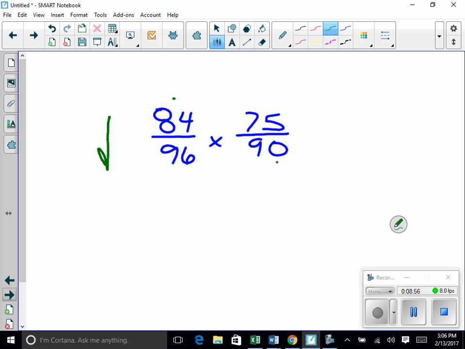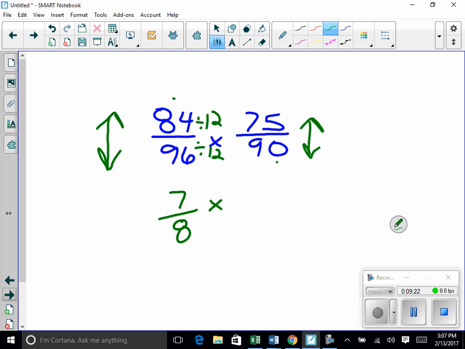This time you can also reduce up and down. You can reduce the fraction before you multiply. What you've got to figure out is what goes into 84 and 96. I know my 12s real well, and 12 goes into both of them. 84 divided by 12 is 7. 96 divided by 12 is 8. So instead of 84 over 96, I have 7/8.